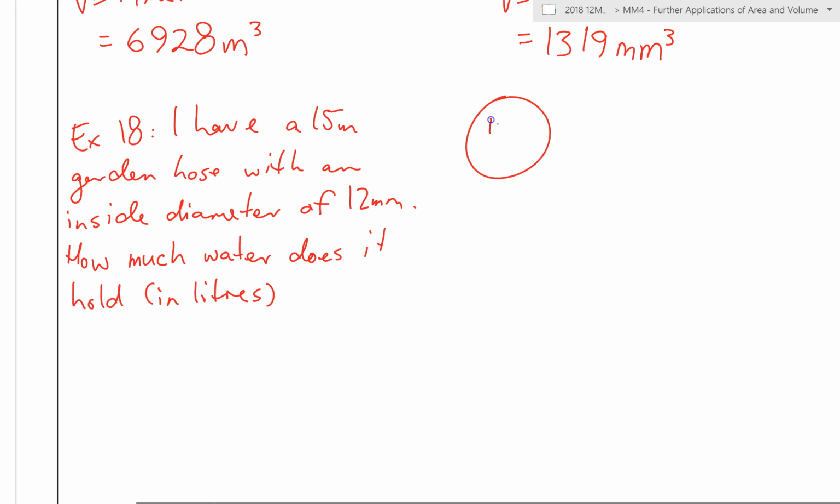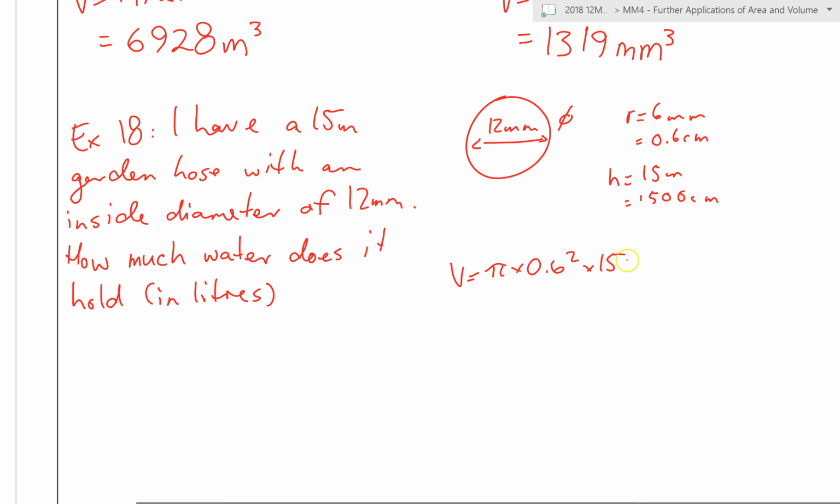Circle, 12 millimetre diameter. That's a little diameter symbol. That means that my radius equals 6 millimetres, which equals 0.6 centimetres. My height equals 15 metres equals 1,500 centimetres. My volume is pi r squared times the height, pi times 0.6 squared times 1,500.